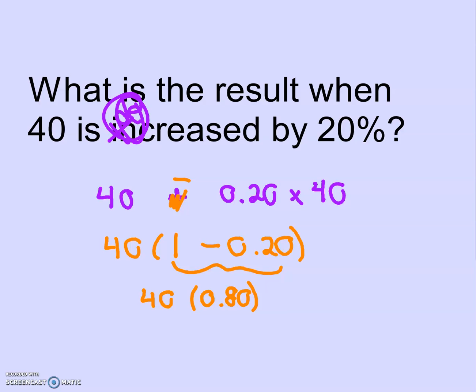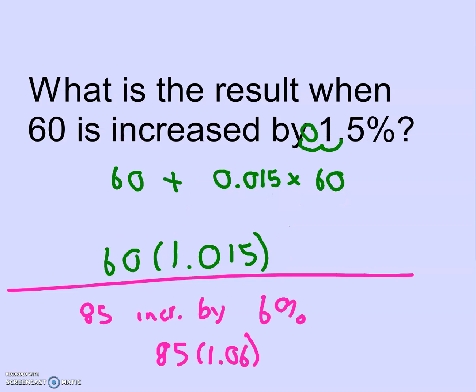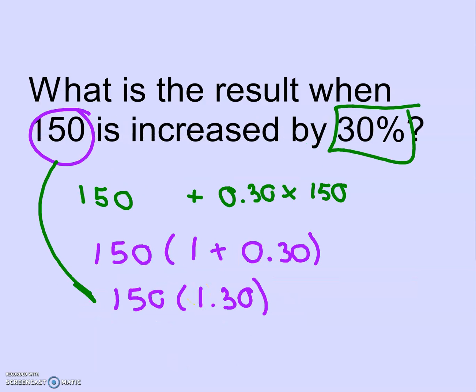Let's take a look at one of these things. Over here, I basically added the 0.015 onto a 1. So instead of being 0.05, it's 1.05. Up on this one, instead of adding 30%, the 0.3 to 1, if it was a decrease, I would subtract it. So let's look at a new problem down here.